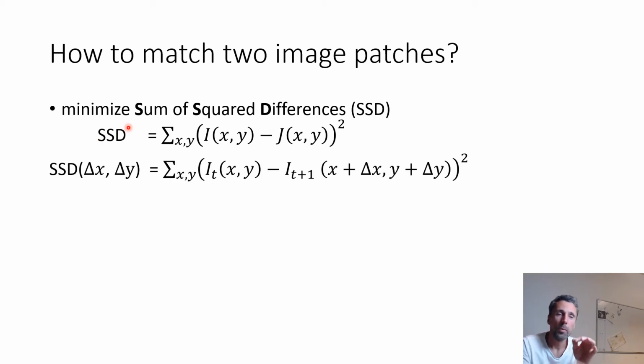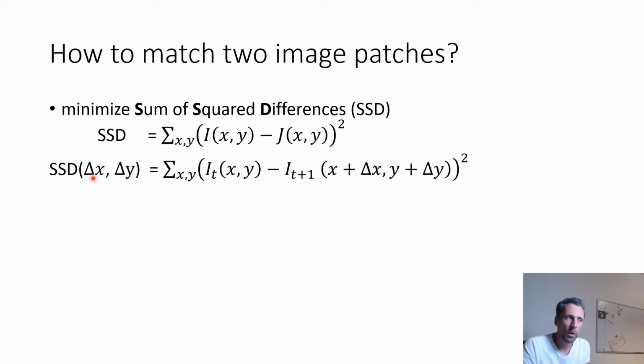Okay, so remember we wanted to find the displacement of a small window within an image such that it optimizes this SSD. Optimizing means minimizing, so this looks like that. Let I_t be an image at time point t, and I_t+1 the consecutive frame.